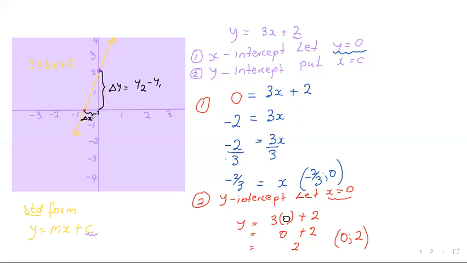The same thing here. Change in x will be x2 minus x1. And that gives you the slope of the function as is. We will look into other problems.